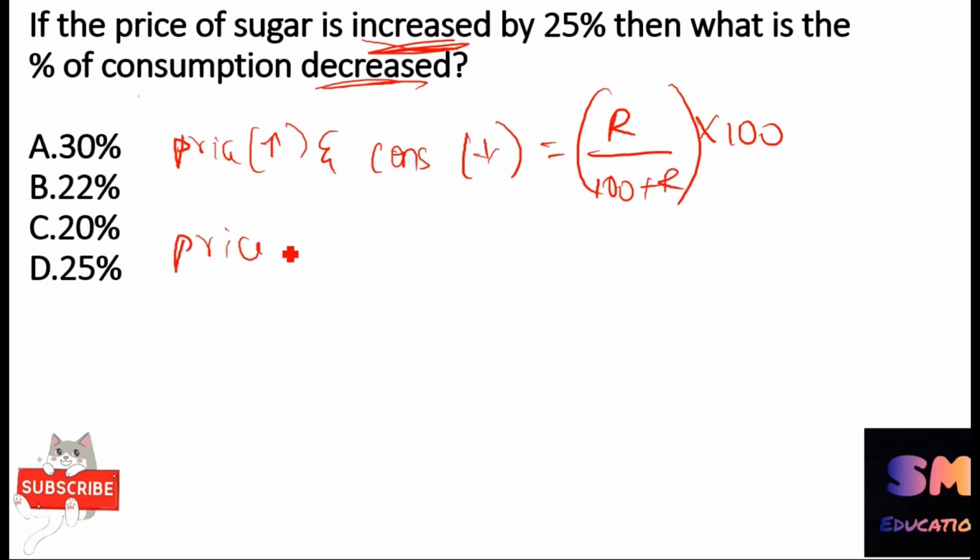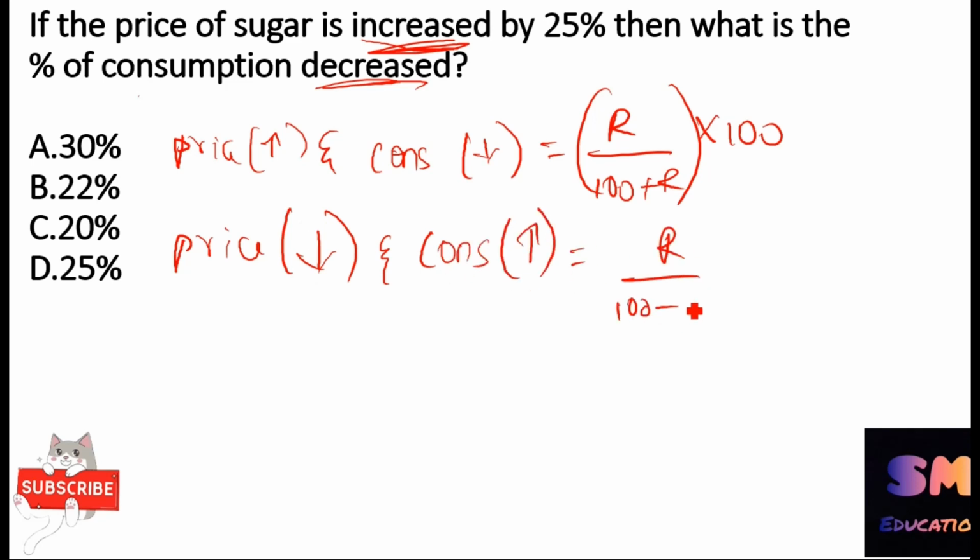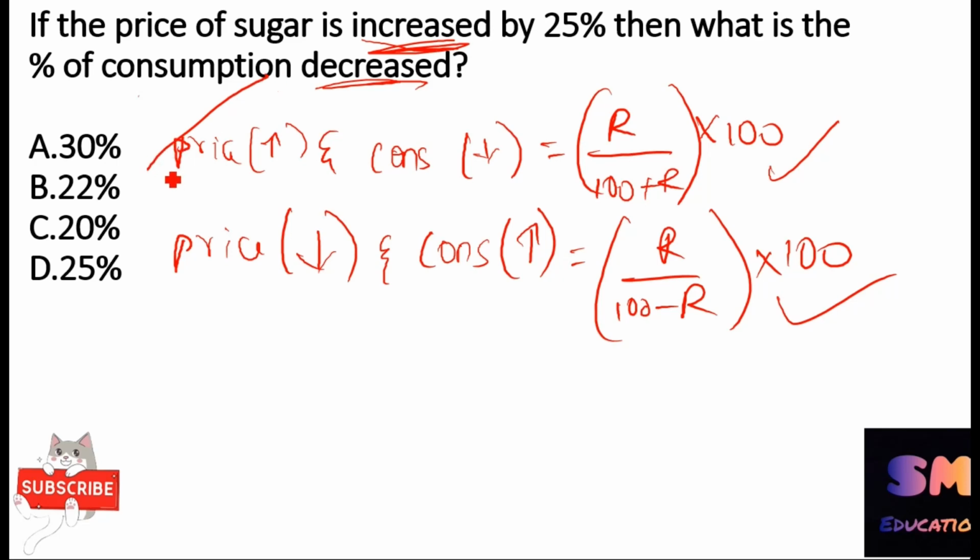Suppose if they ask like this, if price value is decreased and the consumption is increased, we need to use this formula, R by 100 minus R into 100. These are the two formulas. From the above question, we have to choose this formula because price value has increased.